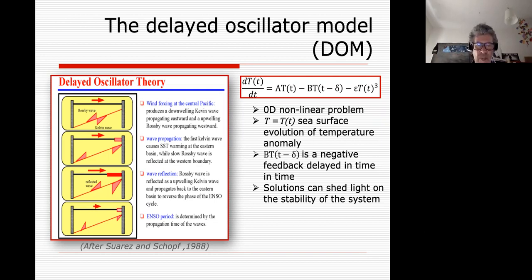So we have the downward Kelvin wave and the Rossby waves. They go in opposite directions, hit the boundary. One is reflected, and this has an effect on the wind stress, and this seesaw behavior can be represented by an oscillator.